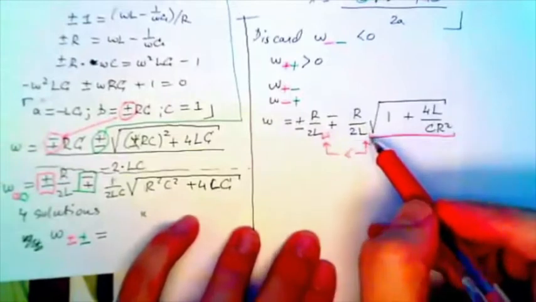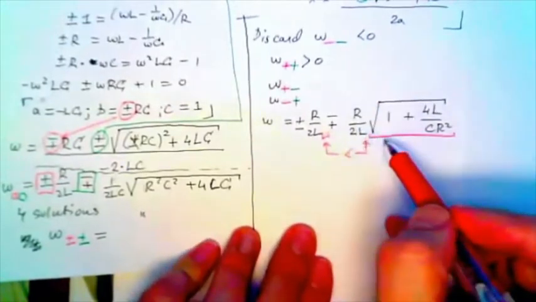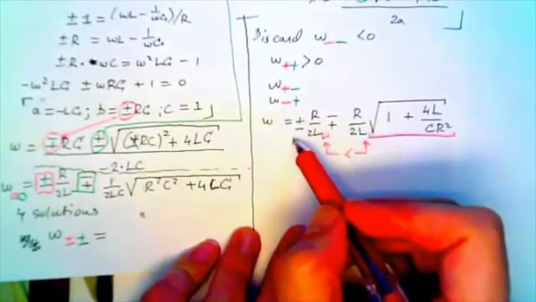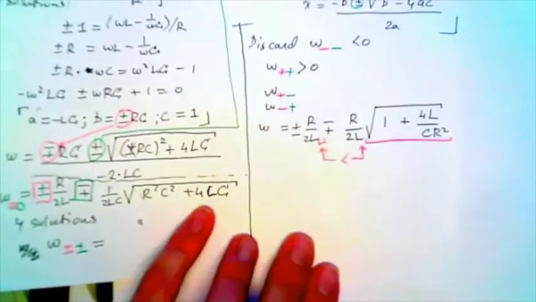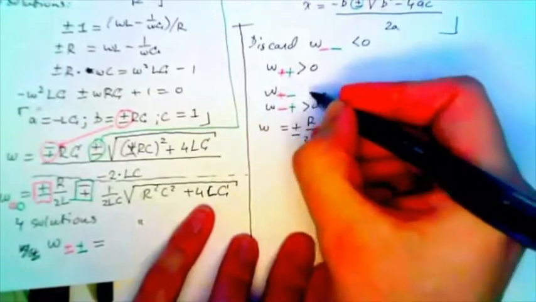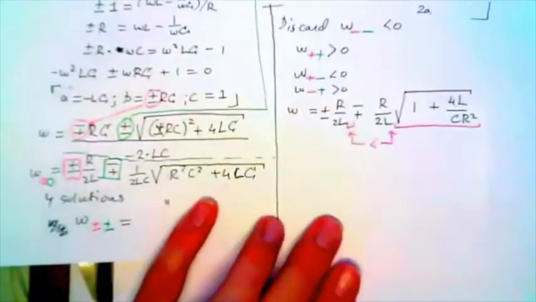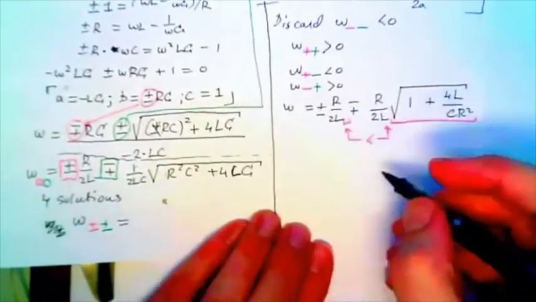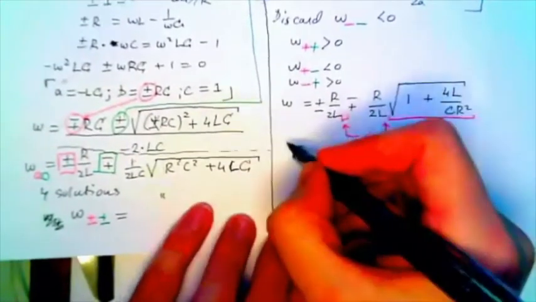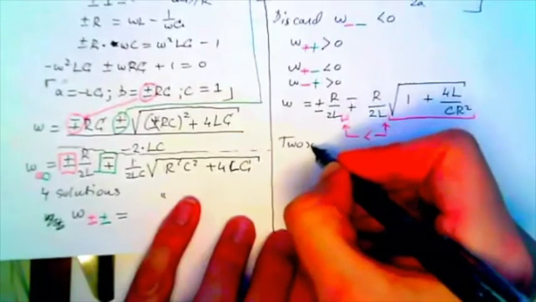So the one that's positive is where this term is positive and that term is negative. So that will be minus plus. And the other is negative. So really, we only need plus plus and a minus plus. So we are left now with 2 solutions.